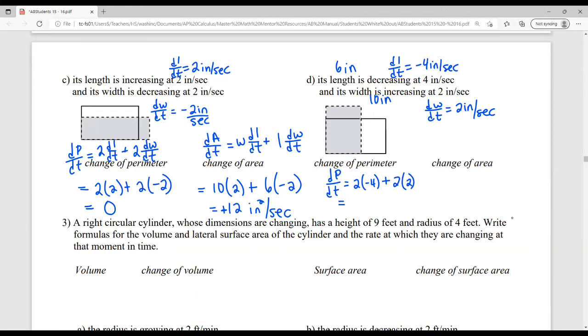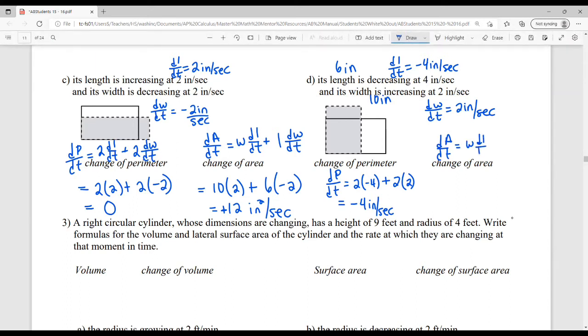So the perimeter actually would not be affected by which one we let be the width or the length at the beginning. But the area might be off by a sign. So remember, dA/dt was equal to W dL/dt plus L dW/dt. We said W was 10. We said the length this time is changing at negative 4 inches per second.